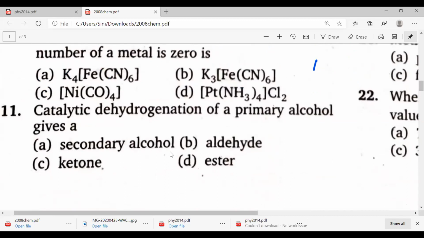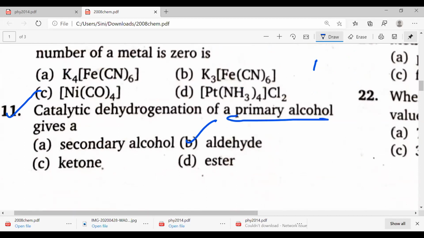So guys, 11th question. Catalytic dehydrogenation of a primary alcohol gives what? Aldehyde. Direct question. Very easy.